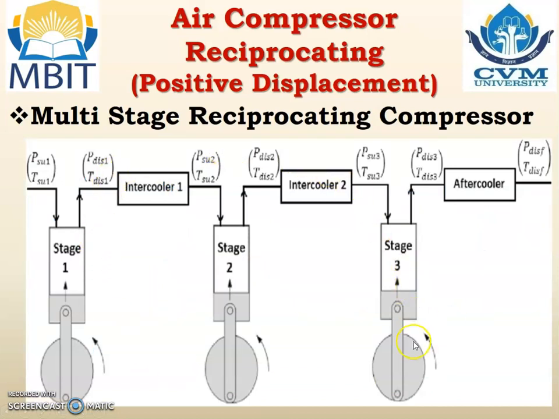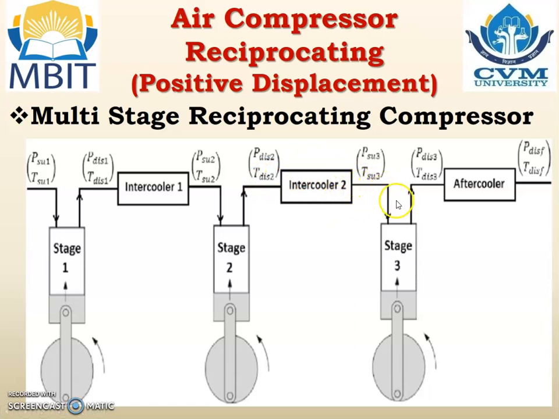So here you can see the three-stage compressor. First air is compressed in the first stage compressor, then it is taken to the intercooler where it is cooled but the pressure remains the same. Then it enters the second stage of the compressor where it is compressed. Then it enters intercooler number 2 where its temperature is reduced.